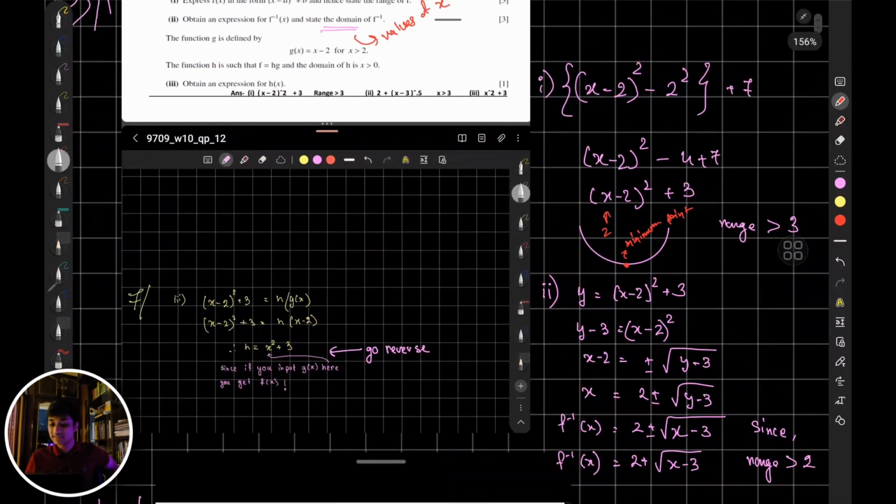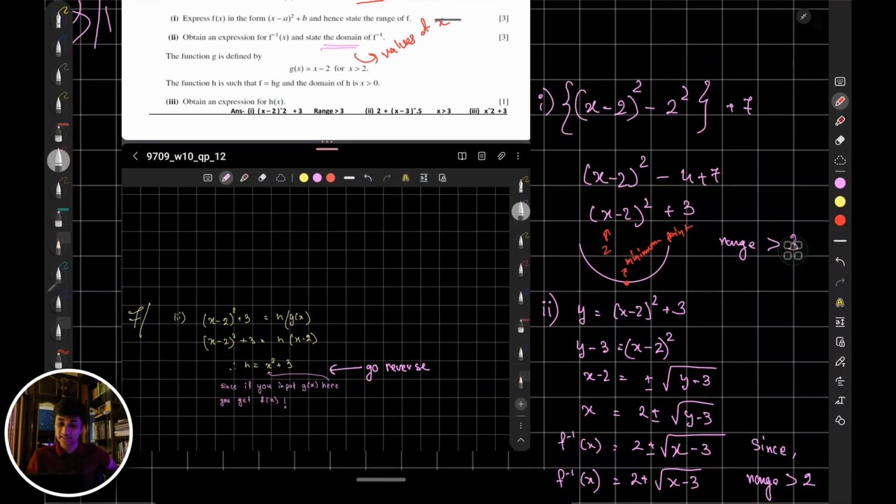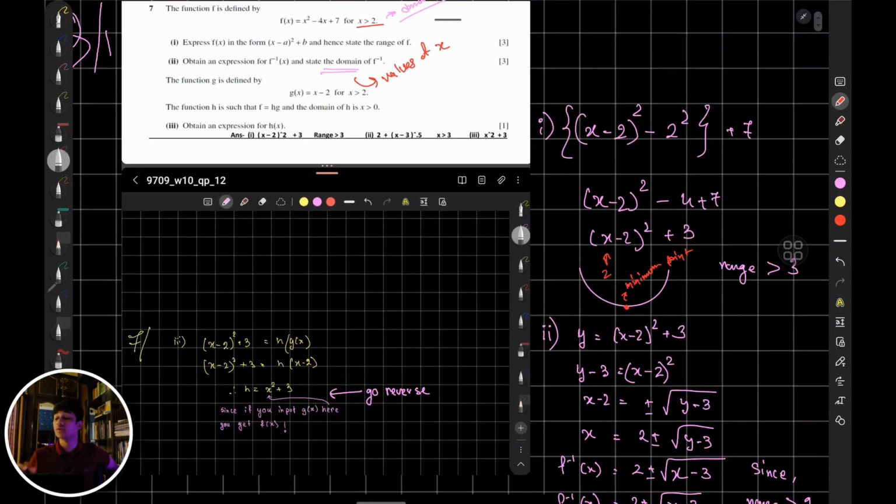Even if you don't have your equation in this form, I highly suggest, if the question asks you to express anything as an inverse, you take the expression and express it in the (x minus a) whole square plus b form.